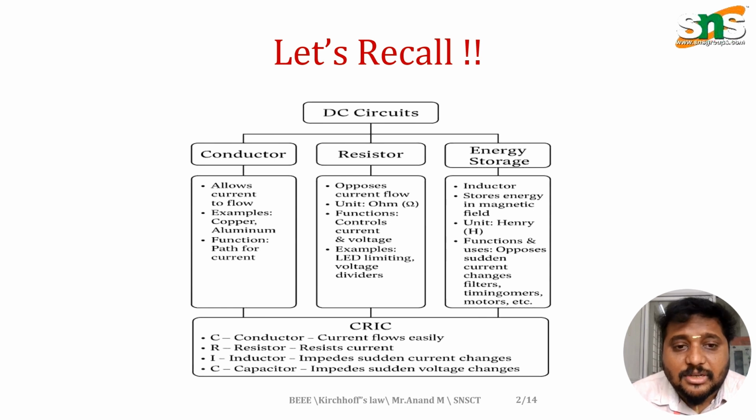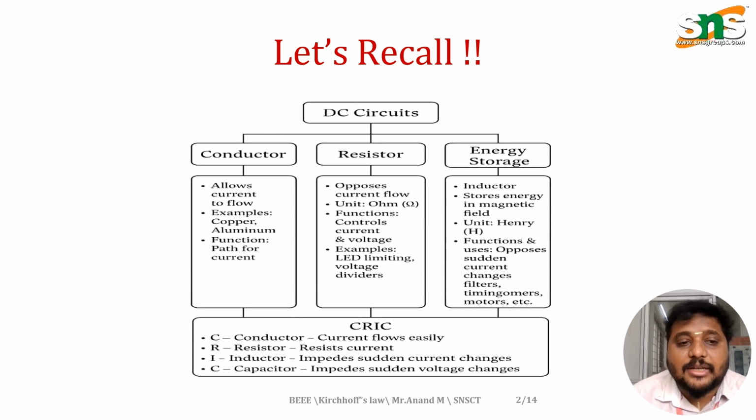In the previous session we discussed DC circuits, conductor, resistor, energy storage device, and finally CRIC. So what is a DC circuit? A DC circuit is a combination of node, branch, loops, resistance, inductor, capacitance, and voltage source only for direct current.